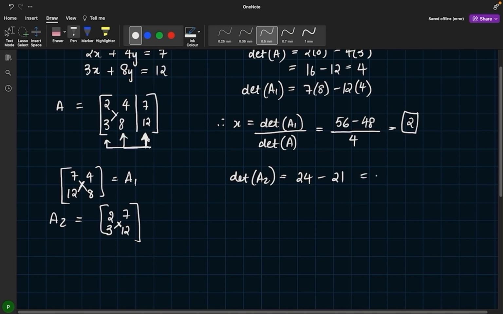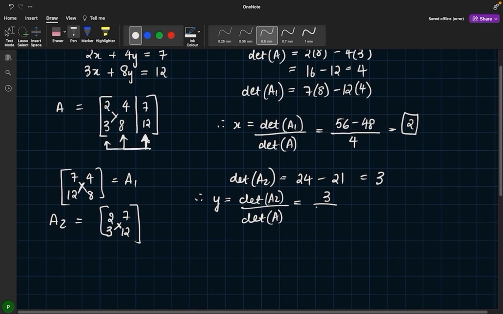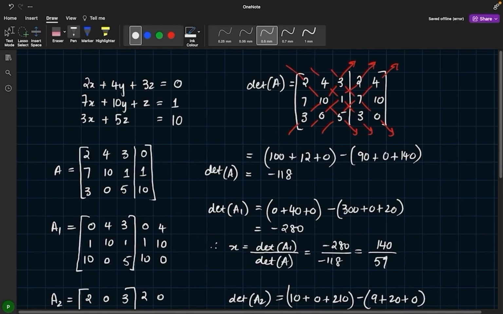And that is 3. So y is just determinant of A2 divided by determinant of A, which is equal to 3 divided by 4. And that is the value for y.